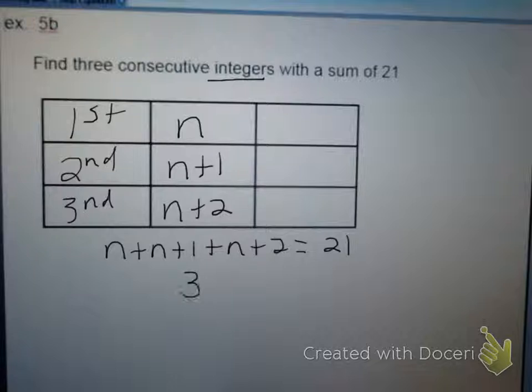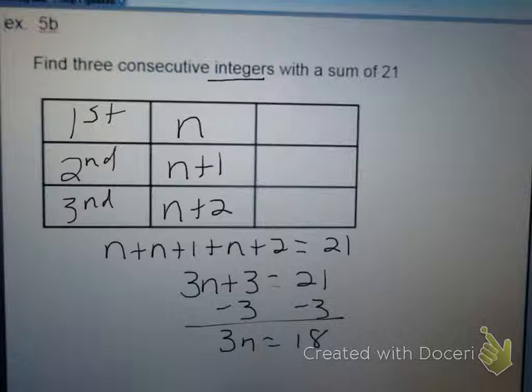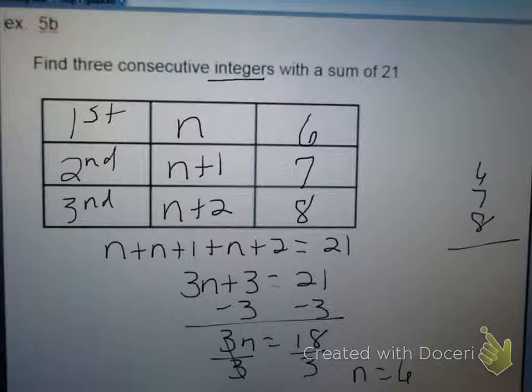Combine, that's 3n plus 3 is equal to 21. Subtract 3 on both sides. Divide by 3. And n is equal to 6. So the first integer is 6, the second one is 7, and the next is 8. And again, you can check by adding 6 plus 7 plus 8, and it better add up to 21.